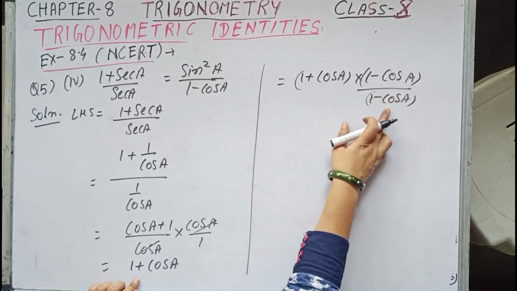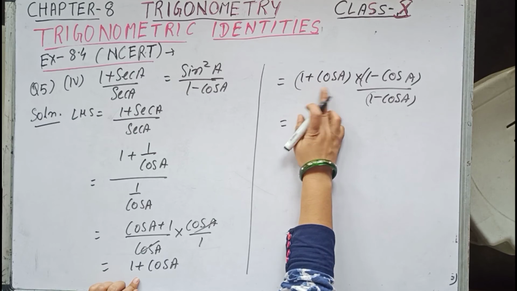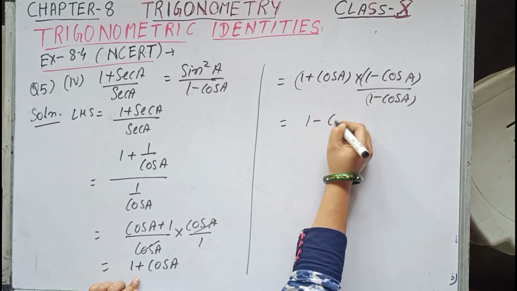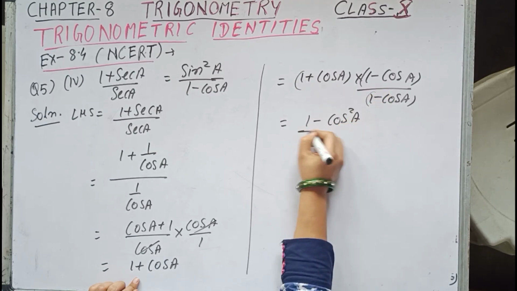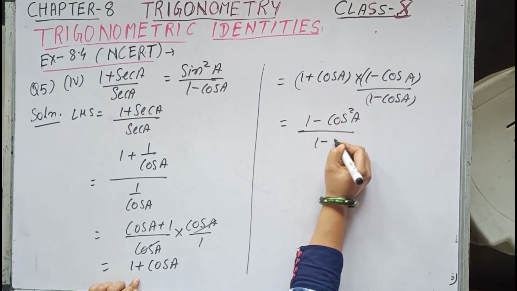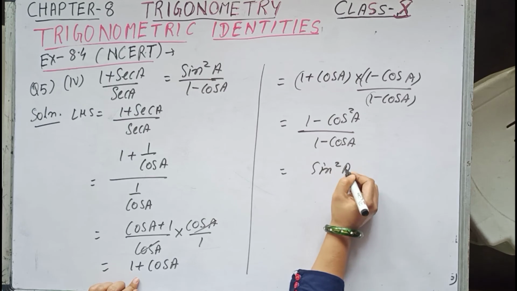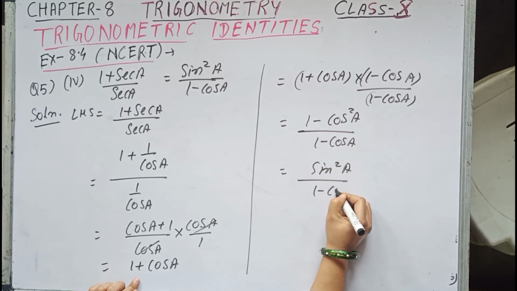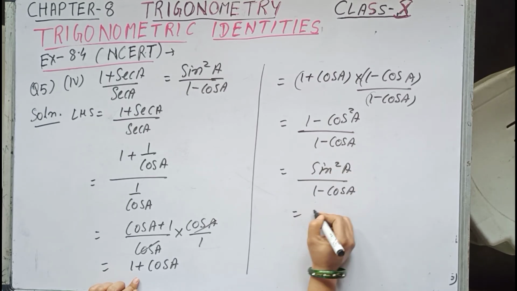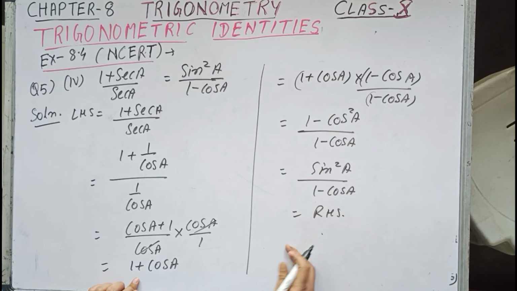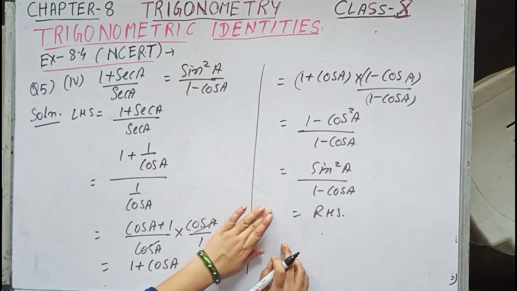Because 1 minus cos a was there in the denominator. Now (a plus b) into (a minus b) is a square minus b square. So 1 minus cos square a by 1 minus cos a. So this will be equal to sine square a by 1 minus cos a, and this is equal to RHS.